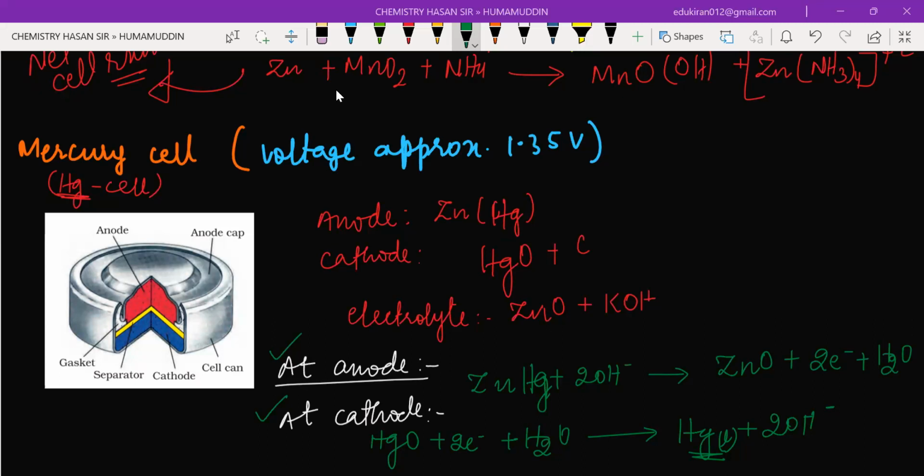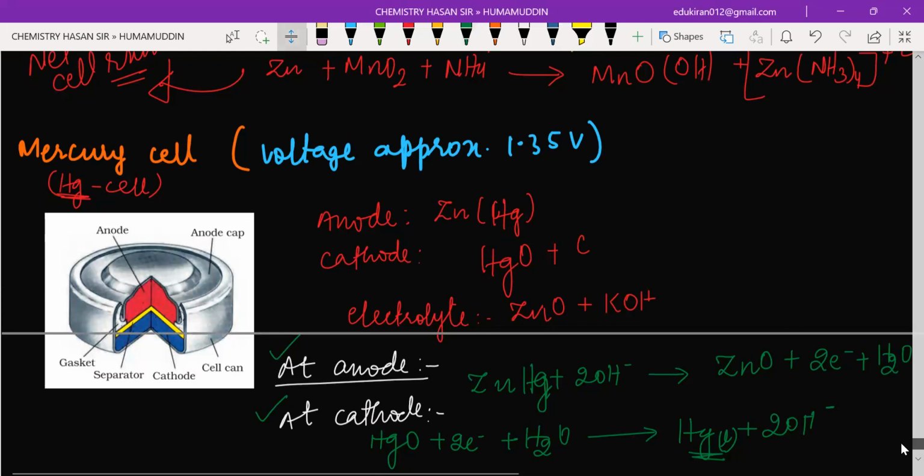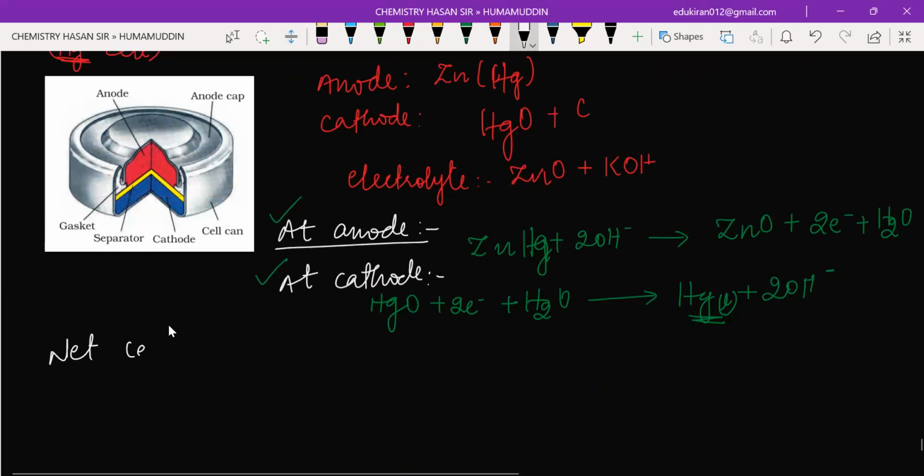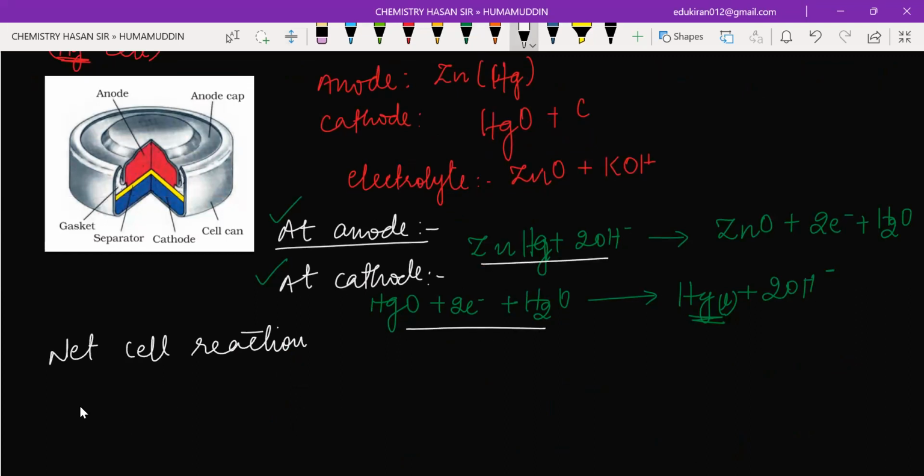Done, sir. Can you write the net cell reaction? What you need to do is just add these two half cell reactions. Like the electrons are equal on left hand side and right hand side, so they will be cancelled, yes or no?